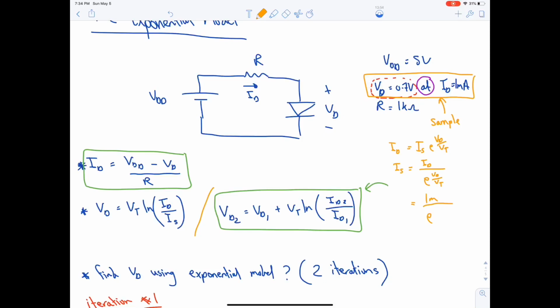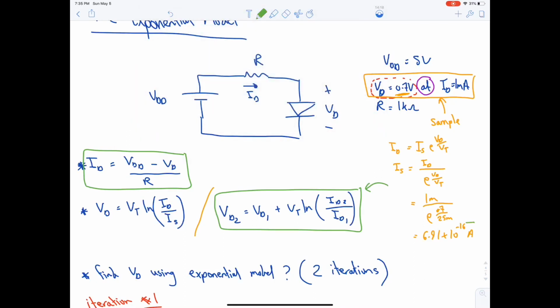VD is 0.7. Now we're taking this value divided by 25 milli. This will give us 6.91 times 10 to the power of minus 16. Take note of the power. Look at how small it is. So this is IS.